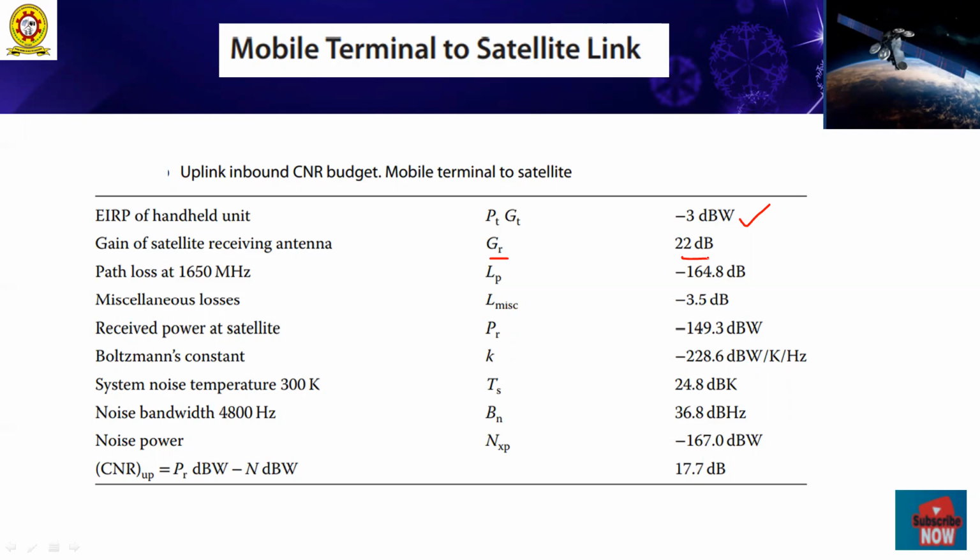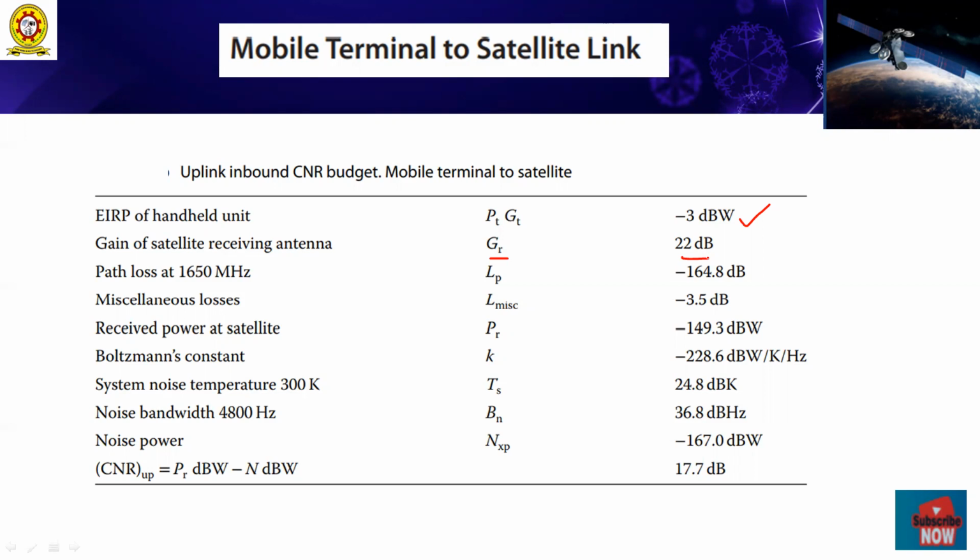So we have Boltzmann constant, noise, temperature, bandwidth. All such parameters are listed below. So how to evaluate the inbound uplink noise? That equals CNR up. What is the formula?